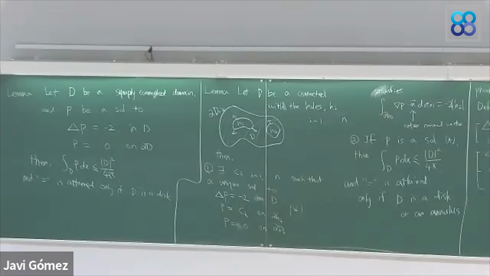But here, as I mentioned, the vector n is the outer normal vector with respect to this domain. So n is always pointing outwards. In this case, the integrand is always strictly negative. We are assuming the boundary is smooth, so we can use the Hopf lemma. So it's strictly negative, not just less than or equal to zero. So we know that each diagonal element is always strictly negative.